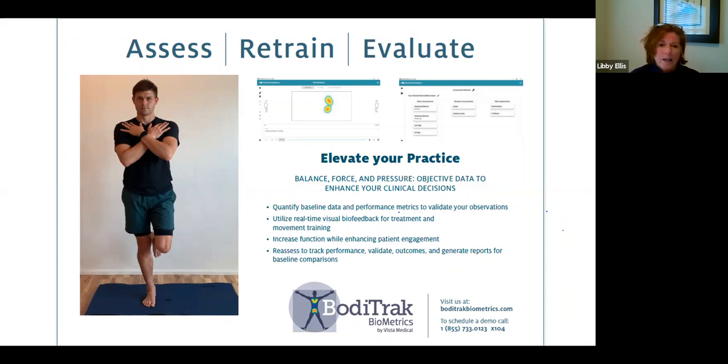The nice thing about what we do in conjunction with Emily's work is our entire business is built on pressure mapping. And pressure mapping is the measurement and display of pressure and its distribution.